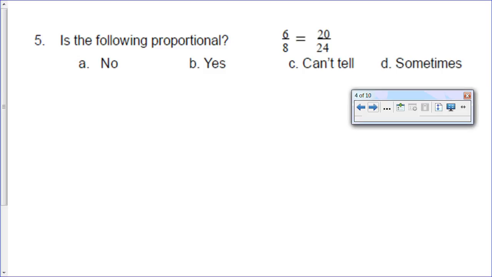What proportional means is, 6 has a certain relationship to 8. 6 is a certain size number, and 8 is a certain size number, and they have a certain relationship to each other. One way to think about it is, let's say you've got 2 little children here.